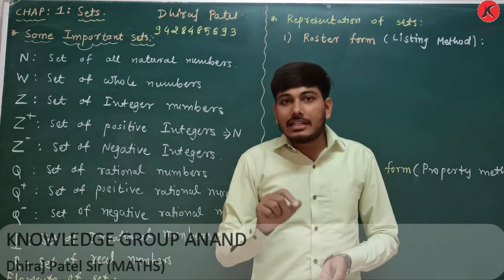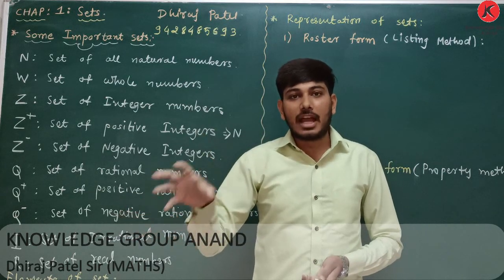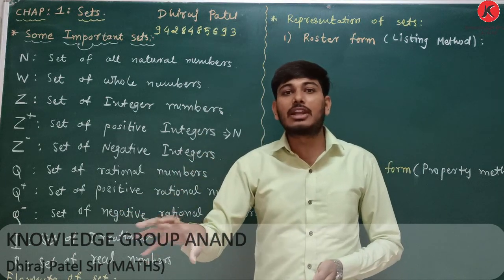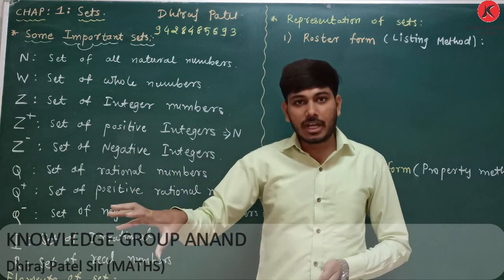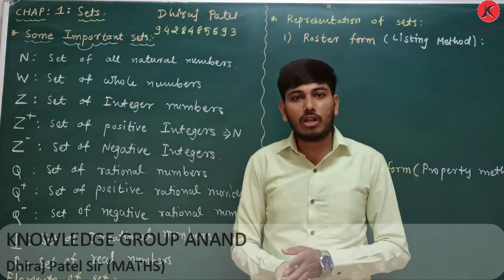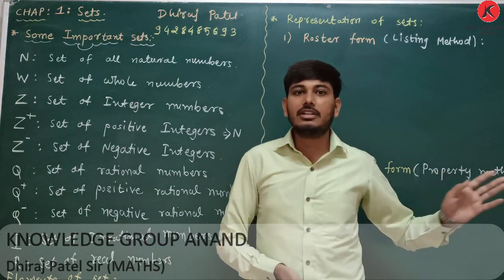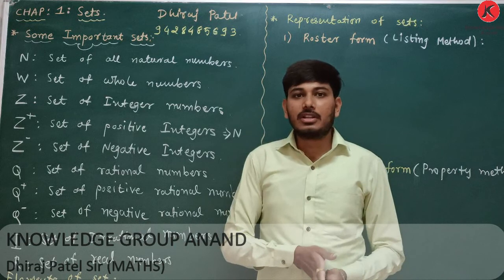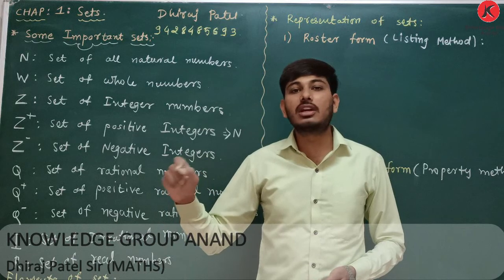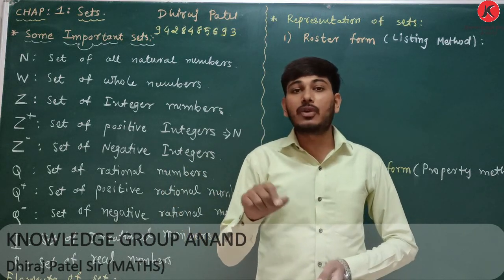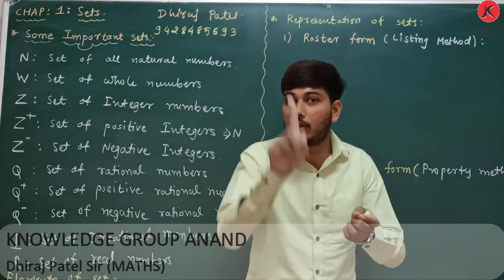The value of pi as 22 by 7 is the simple value and we are using it for calculation purposes. In chapters like volume of cylinder, volume of cuboid, volume of sphere, you use the value of pi as 22 by 7. 22 by 7 is a rational number, but it is not the actual value of pi.